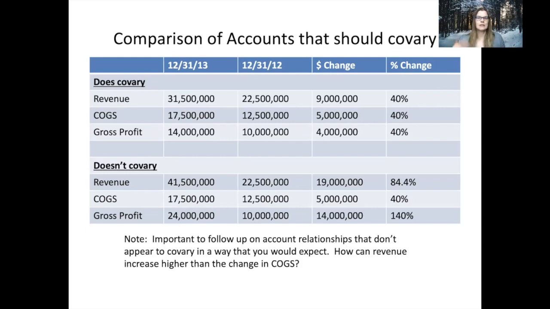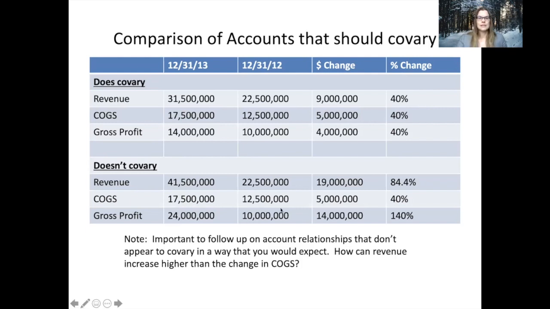Generally, these accounts do move together unless something unusual is happening. So we'd expect to see them all changing by about the same percent, right? All changing by around 40%. That looks fairly normal. I mean, it still looks like very rapid growth to me, but at least the accounts are moving together in a normal way.